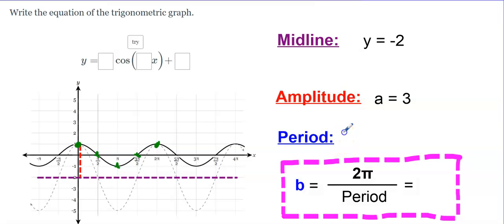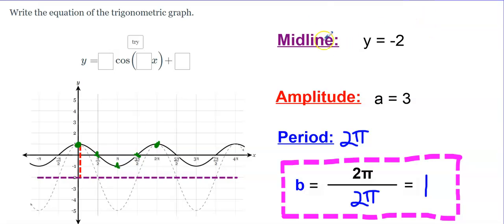So because this is 2 pi, that means our frequency is going to be 2 pi divided by 2 pi. So I'm going to get rid of this and replace it with that. So 2 pi divided by 2 pi, easy enough. Thankfully, it is just going to be equal to 1.